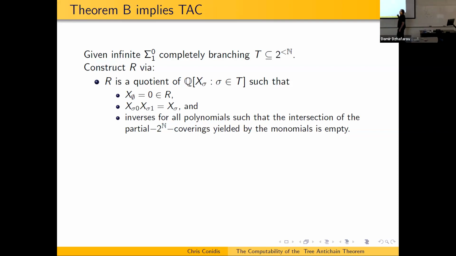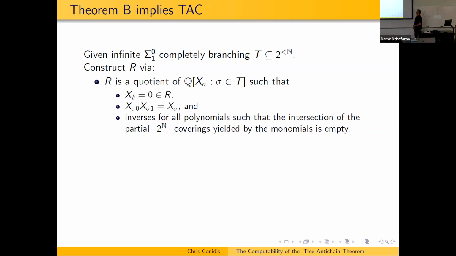Finally, what you want is inverses for all polynomials in this ring such that the intersection of all the partial coverings yielded by the monomials is empty. What this basically means is that the greatest common divisor of the monomials of this polynomial is equal to 1.